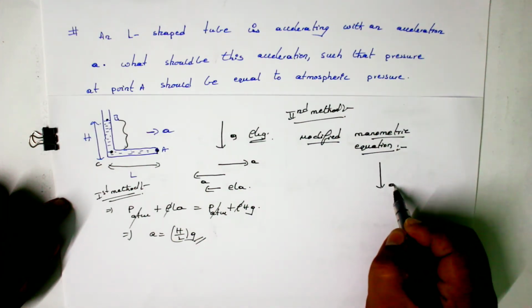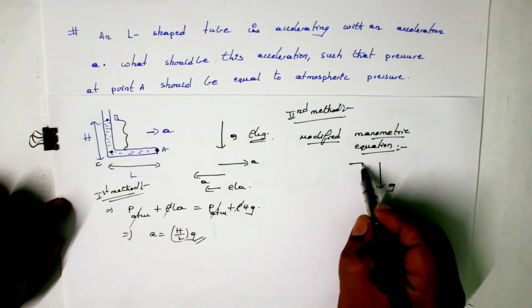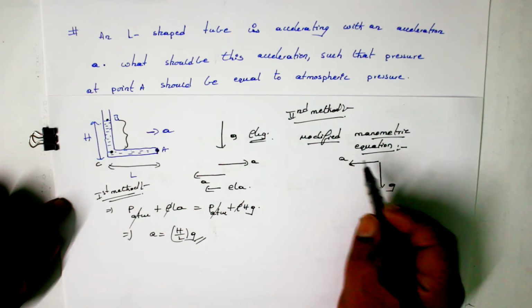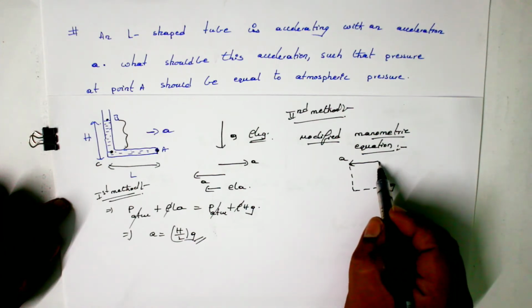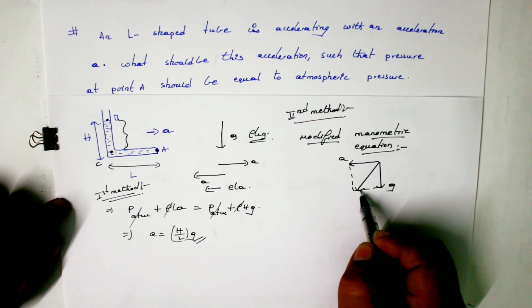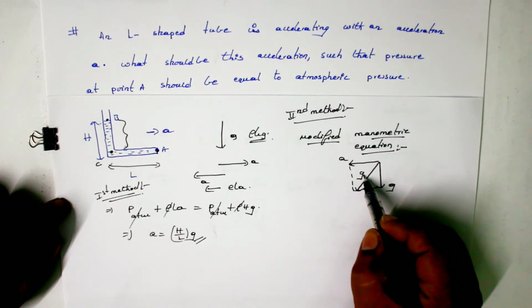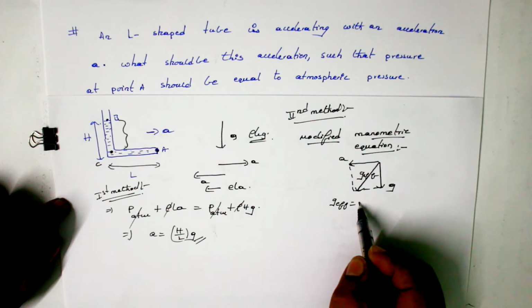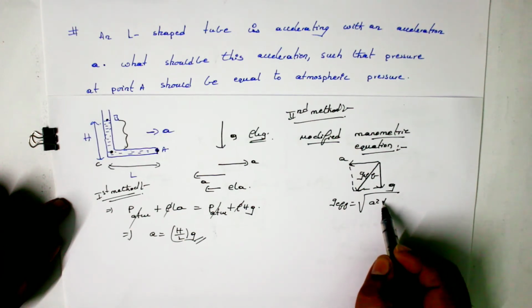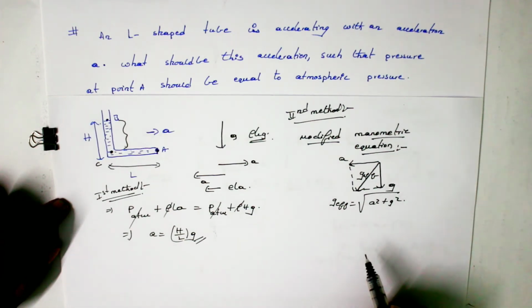One is acceleration due to gravity, and another acceleration is pseudo acceleration A here. So if I take the resultant of these two accelerations, then the G effective value will be in this direction. So G effective will be equal to square root of A square plus G square.